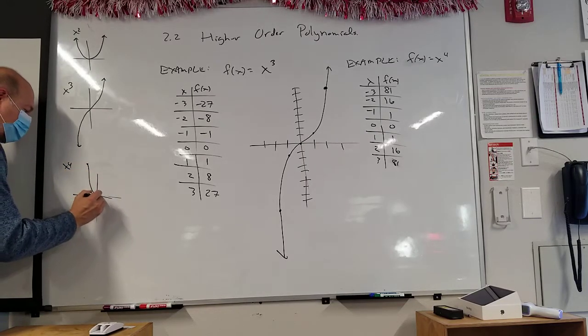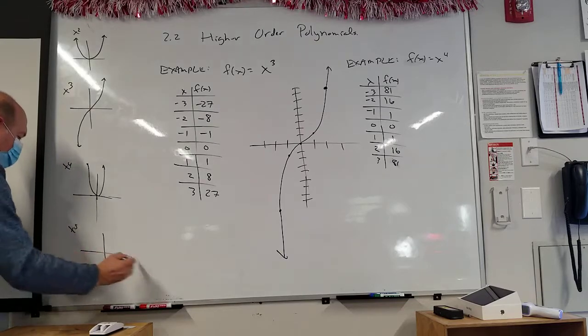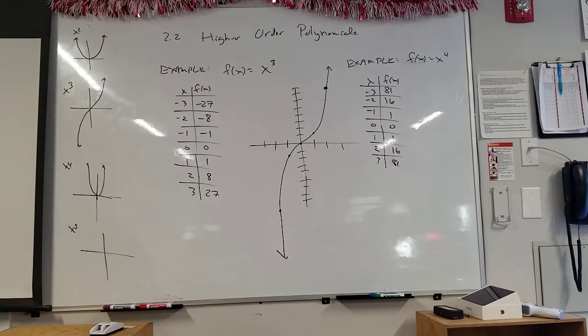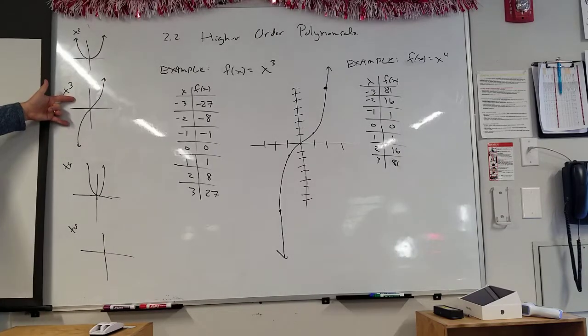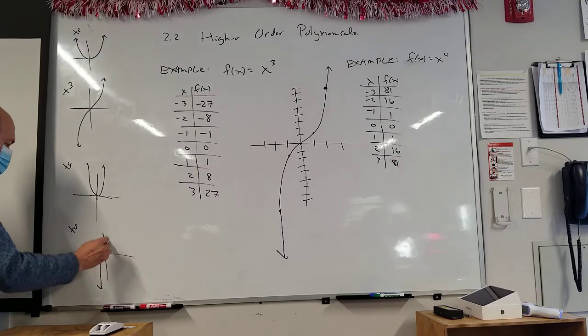We normally just draw it really narrow, just more and more narrow. Okay, so then x to the fifth. How's that gonna look? A really narrow one, like a cube. Yes, it's gonna be a narrower version of this guy. We good? So narrow, and goes like that.